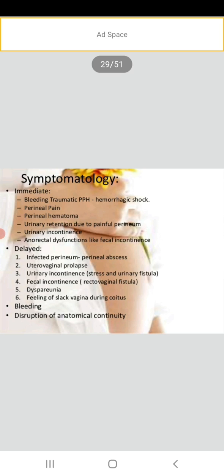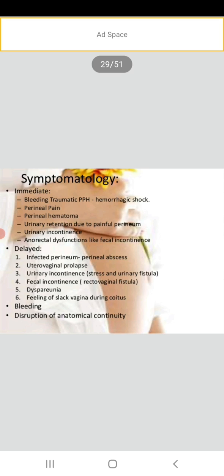The bladder sphincter, the urethral meatus, these all may be sutured and the urine is not able to come out. Then urinary incontinence. Then anorectal dysfunctions like fecal incontinence.